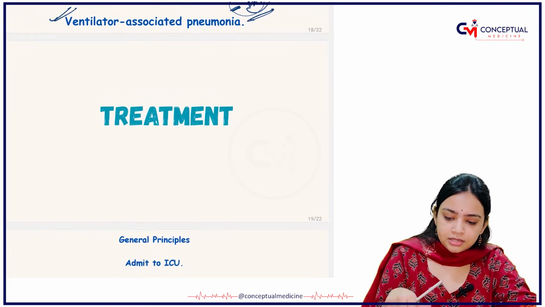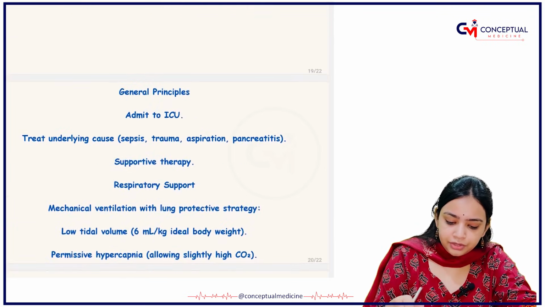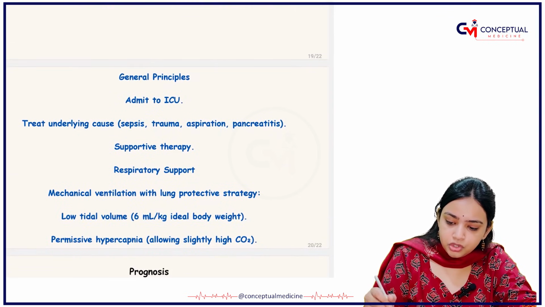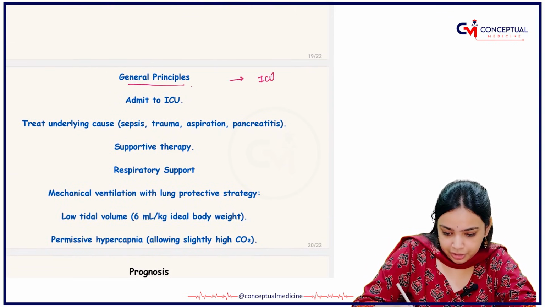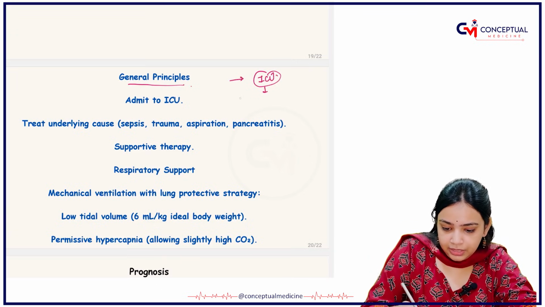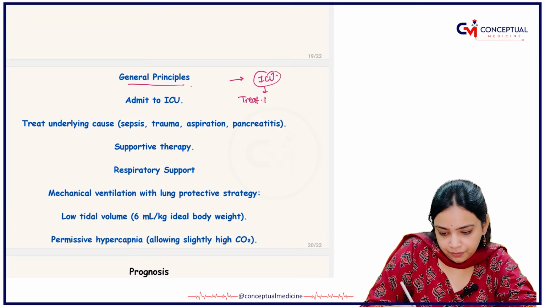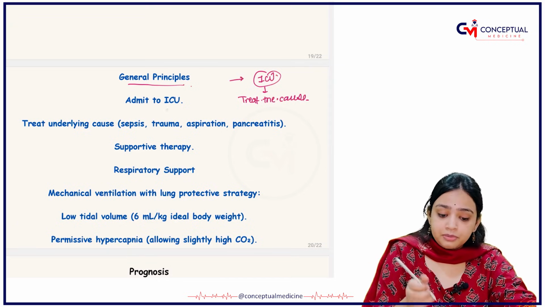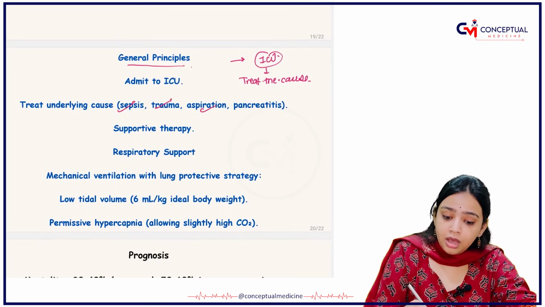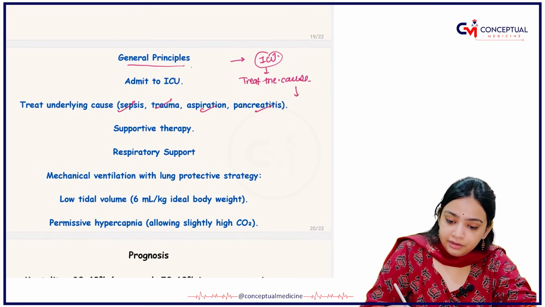Okay. Next, what is the treatment you will give? For the treatment, first one is the general principle. We will follow the protocol. We will admit the patient to the ICU. Then we will treat the cause. The person may be having sepsis, trauma, aspiration or pancreatitis.